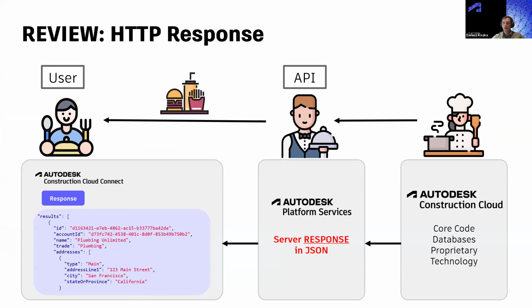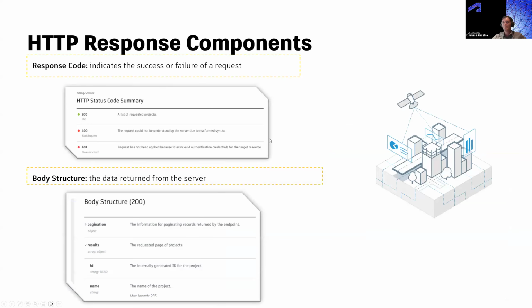It's really similar to when you request food, then the food goes to the kitchen to get prepared, and then you have the response back. So when you make the API call, the server sends the response back, and configuring how you handle that response is critical because it determines how your integration knows whether a call succeeds, fails, or returns the data. So let's have a look at what kind of information we can see.